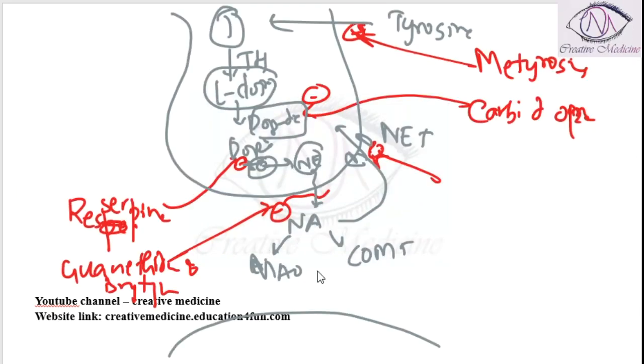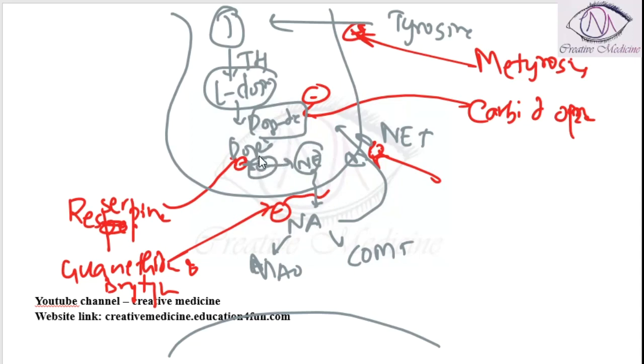Then storage of catecholamines. These catecholamines are stored in the synaptic vesicles or granules in the adrenergic nerve terminals. The vesicular membrane actively takes up the dopamine from the cytoplasm, and synthesizes noradrenaline with the help of the enzyme dopamine beta hydroxylase.